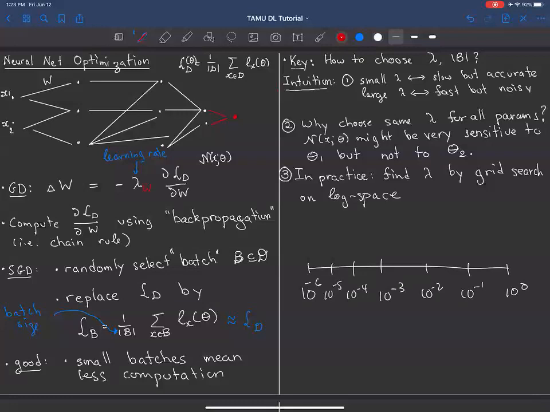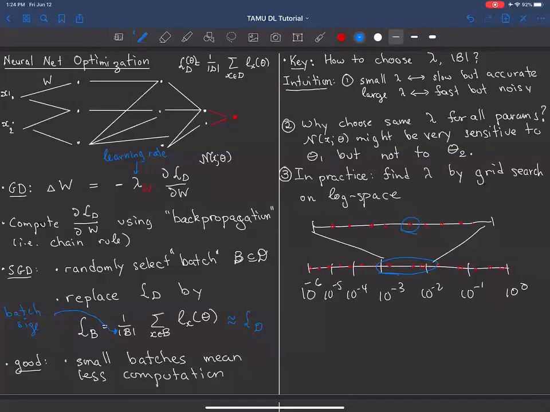And then you literally take a uniform grid of points here. You do a little bit of training for every one of these choices of lambda, and you ask which one starts to train the best. And maybe the ones in this interval train the best. So then maybe you'll expand this interval out, again in the log scale, and again you'll take a grid here. And again you'll do a little bit of training, and maybe you'll find this was the best learning rate, and that's the learning rate you're going to stick with.